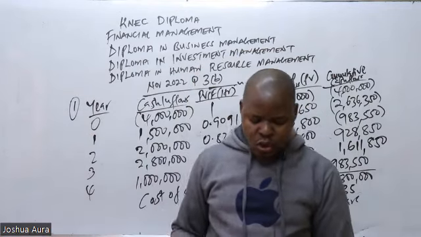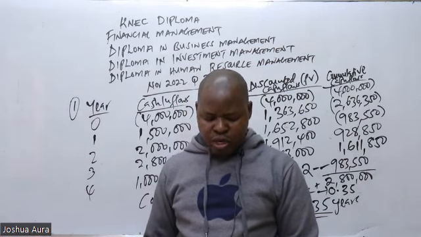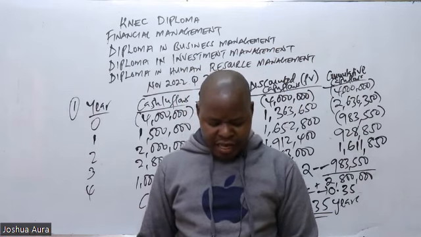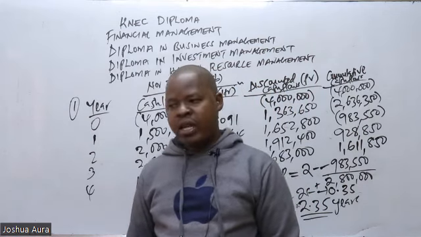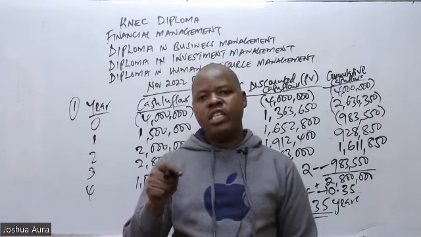Now let us look at Roman 2 of the same question. We are told to advise the management on whether to invest in the project or not. But let us remember the condition which we have been given.